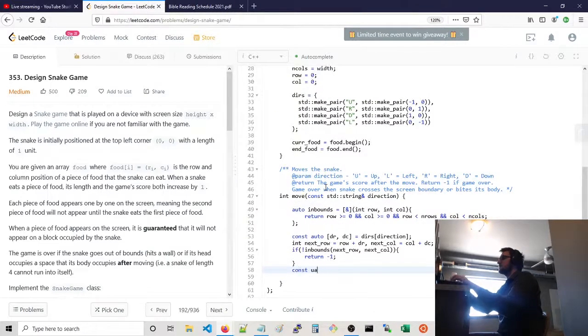const auto food r, food c equals, so if current food not equal to end food, we have this check for the food.